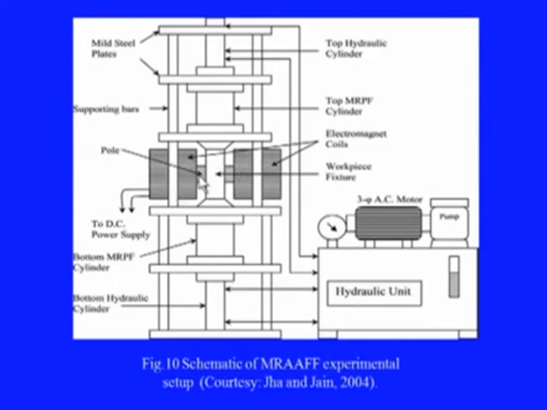This is where the magnetic poles are, and this is the workpiece fixture, and these are cylinders in which magnetorheological fluid is stored, and this will be pushed from the one end to the other cylinder where the magnetorheological fluid will be collected, and then process will continue. The other controls and necessary measurement devices are also shown.